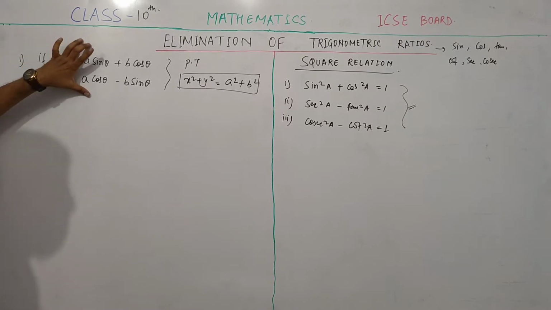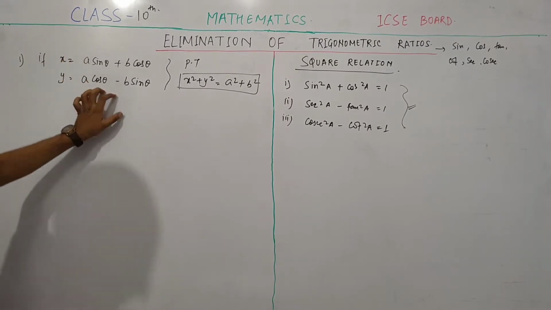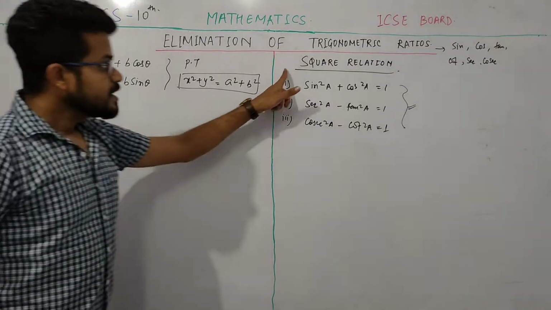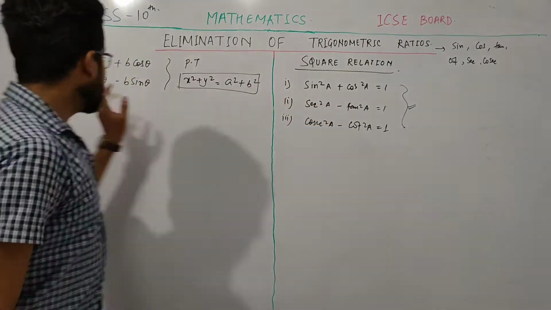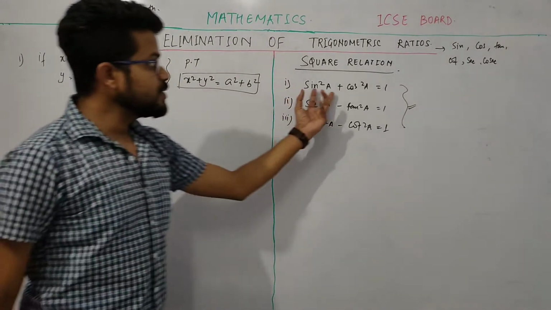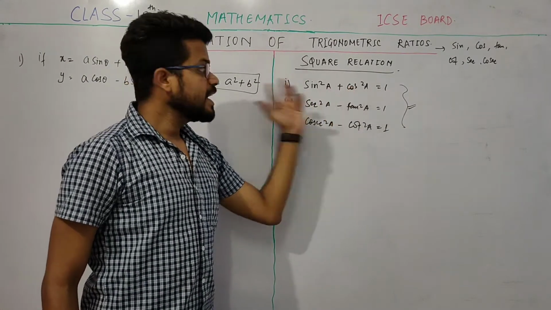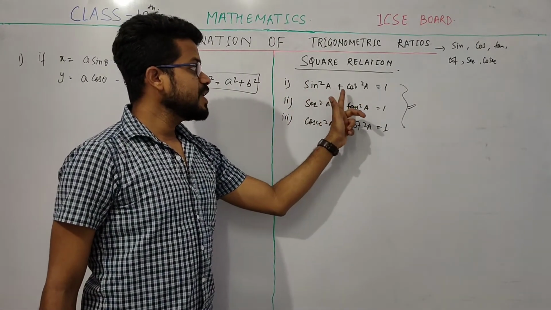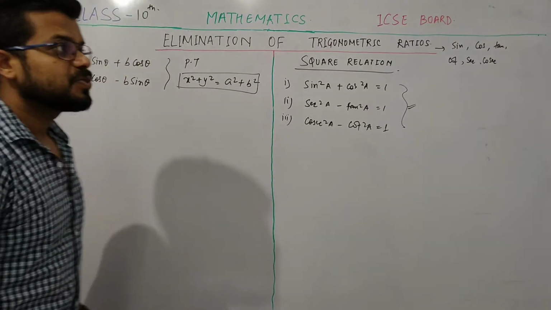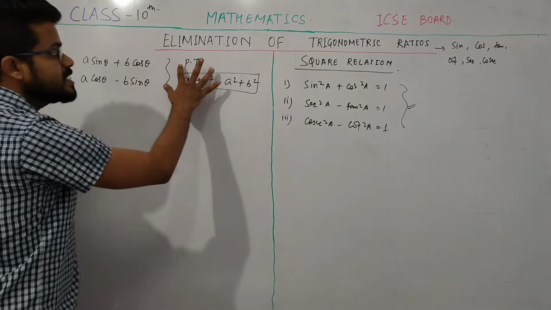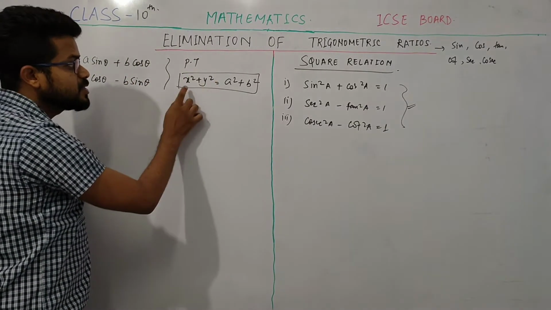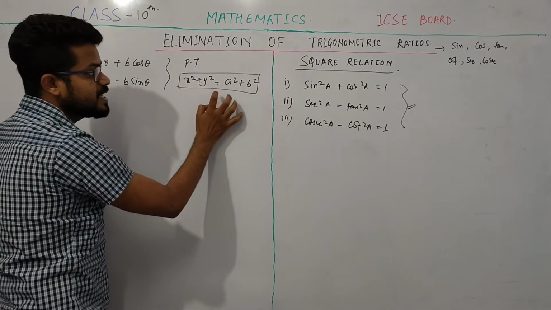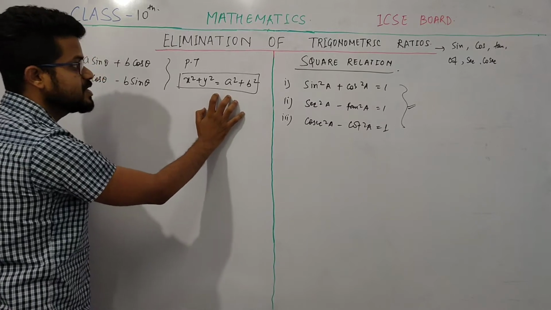Whenever I get the question, I will try to convert this relation. Here this is sine and cos, so I try to convert this relation into the square relation form, sine square plus cos square is equal to 1. If in the question it is given to prove, we always proceed by using this relation.